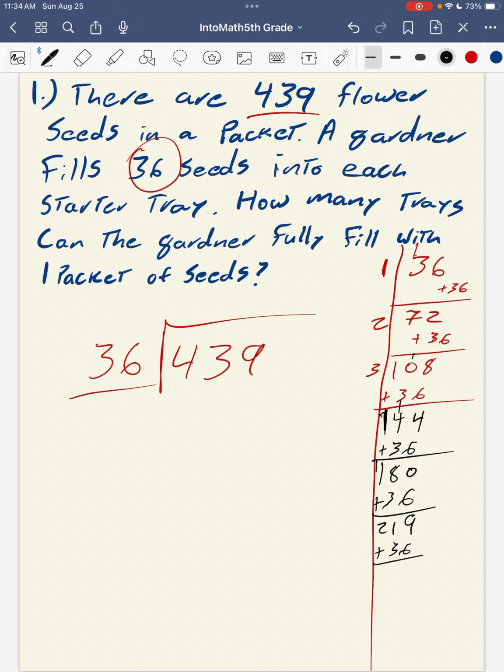219 plus 36. Add this all up. 255 plus 36. 6 plus 5, 11. 2 plus 36. 27.